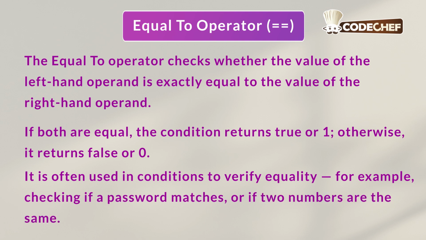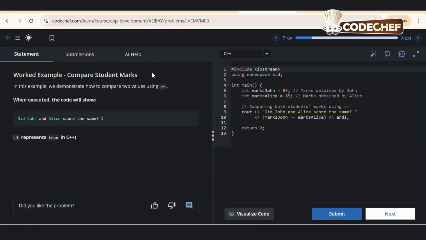Okay, now let us go to the CodeChef platform to see an example that uses the equal to operator in C++. Here, the program objective is to compare student marks, and the expected output is: did John and Alice score the same? Question mark and 1. Here 1 represents true, that means their marks are equal.